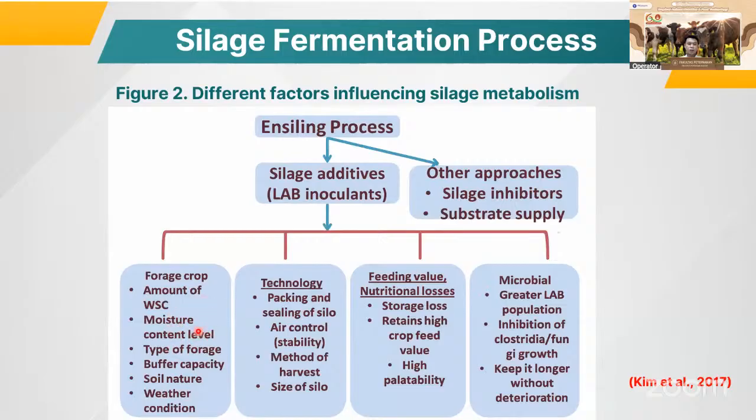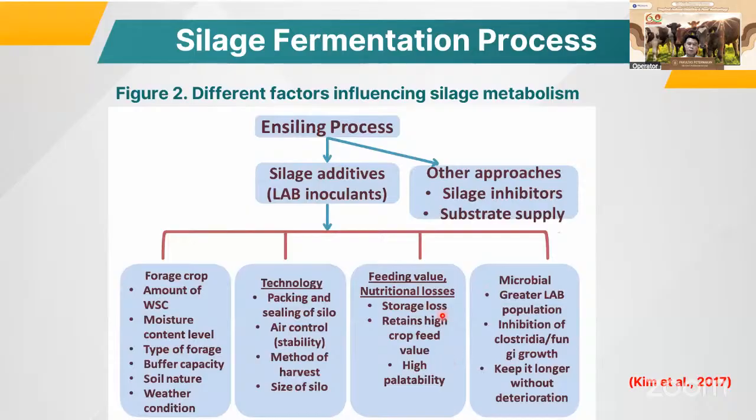Moisture should be suitable for the fermentation type of forage. Buffer capacity is also a factor that can affect silage quality. In addition, technology for making silage, like packaging, sealing of the silo, or maintaining air conditions, are factors to improve the quality.